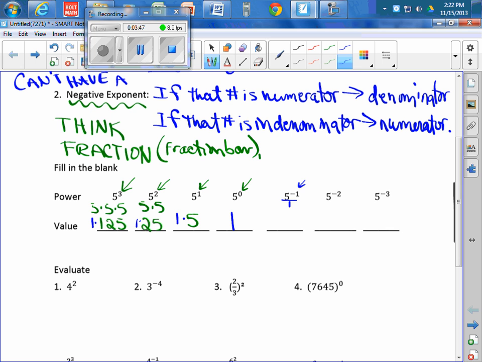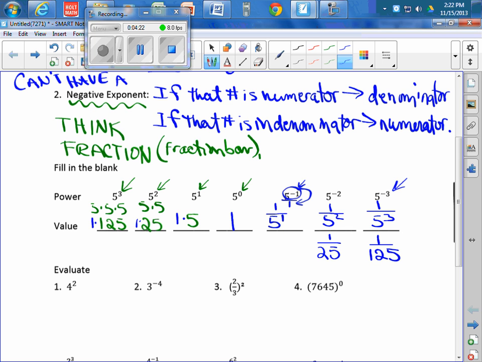So give me a fraction bar. 5 to the negative 1 power is going to get switched into the denominator, and I get 5 to the first power, 1 over 5. 5 to the negative 2 power is 1 over 5 squared, which is 1 over 25. 5 to the negative 3, it doesn't make the number negative, it creates a fraction, 1 over 5 to the third, which is 1 over 125.